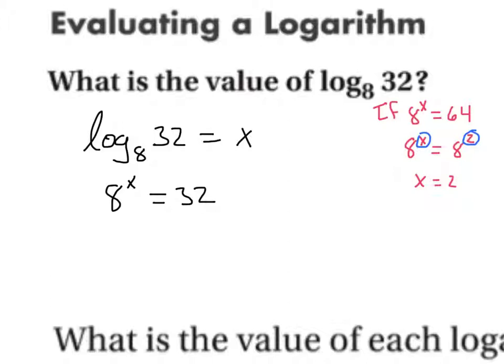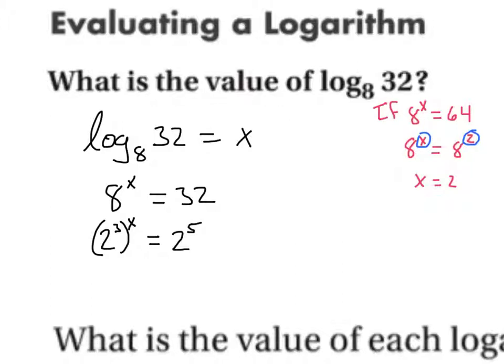So first off, how would I rewrite the number 8 using exponents? 2 to the third power. Yep. So 2 to the third power raised to the x power. Okay, and then 32 is 2 to the fifth power.